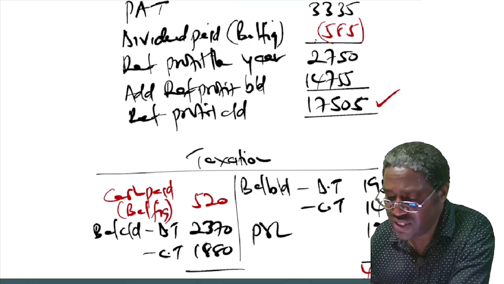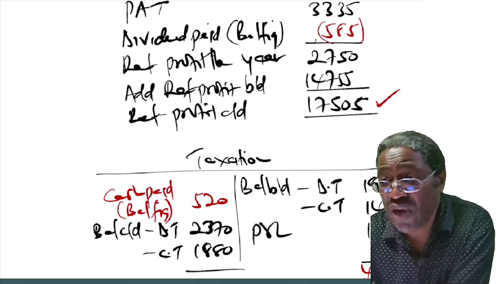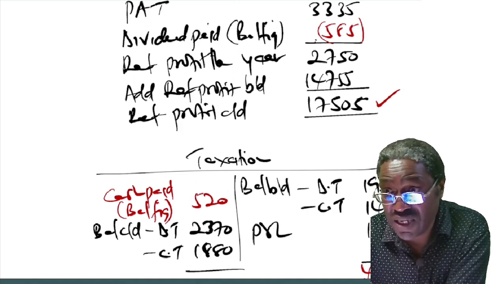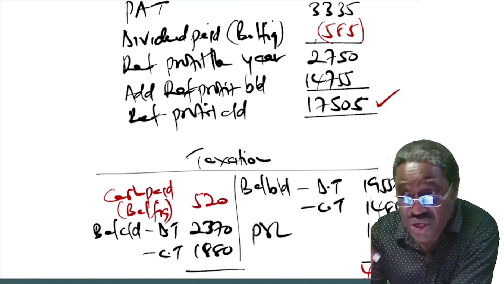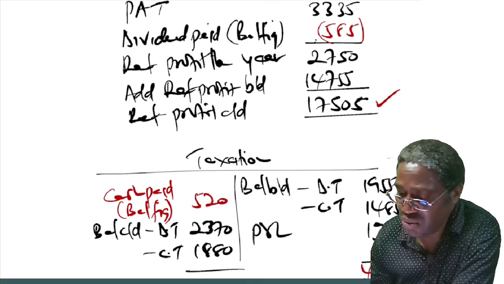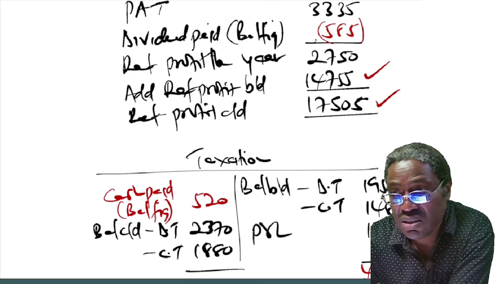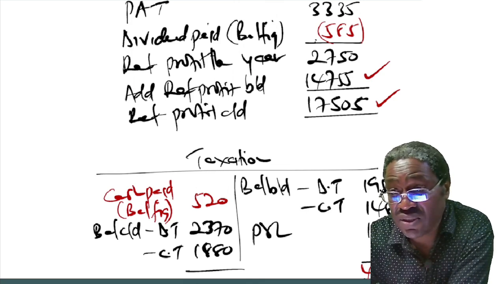I took 17,505, which is the carry down. That is the retained profit carry down, out of which the retained profit brought down by the beginning of this year was 14,755.